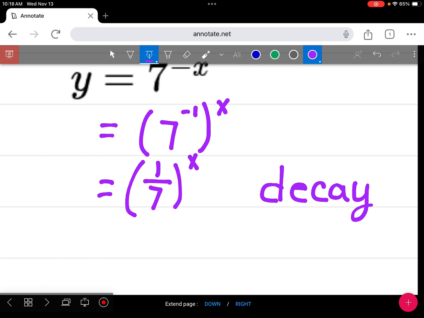So anything with a negative exponent is decay? No, anything with a negative exponent, we're going to flip what's inside, because it could be 1/3 to the minus x, which would then flip that to be a 3 to the x. So anything that's a negative exponent will flip our base.